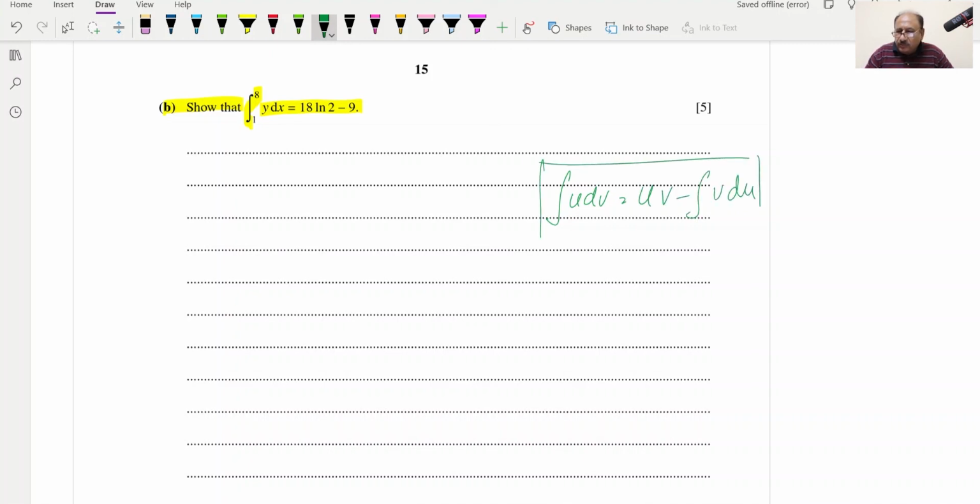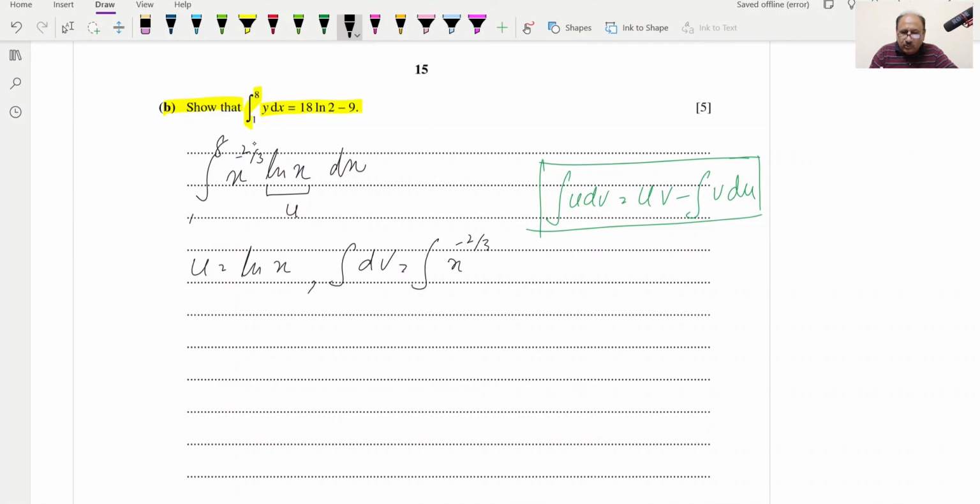This formula we will be applying, and we can write it as integral from 1 to 8 of x raised to the power 2 by 3 minus 2 by 3 log x. This is our y value, and we will be integrating this with dx, so we can take this one as u. So our u will be equal to log x, and integral dv is equal to integral x raised to minus 2 over 3 dx.